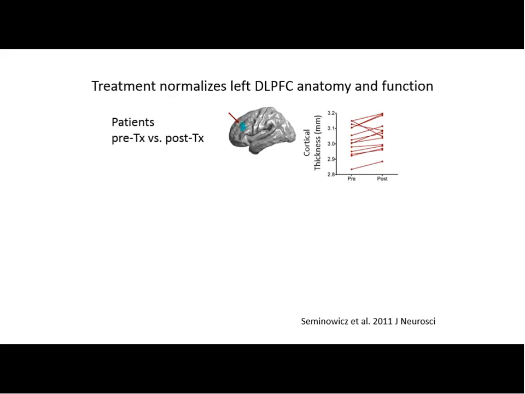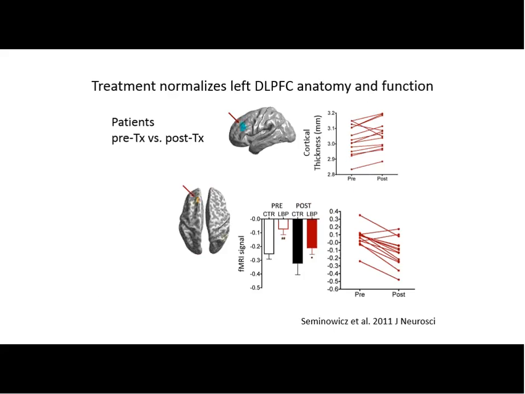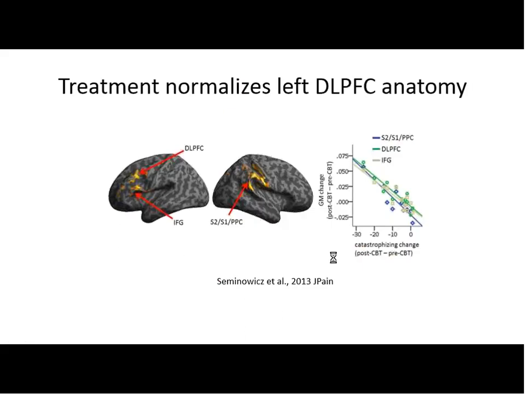The less pain you had after intervention, the thicker that area of cortex got. Similarly, the functional change that we saw, the task performance, reversed following treatment. So everything seems to be going back to a more normal state following effective treatment.